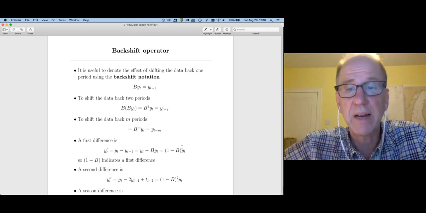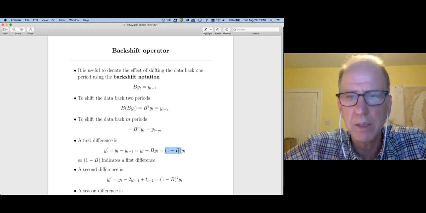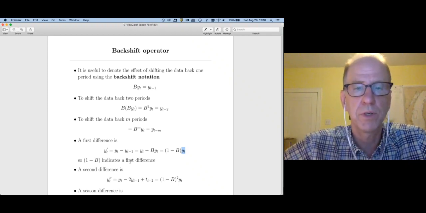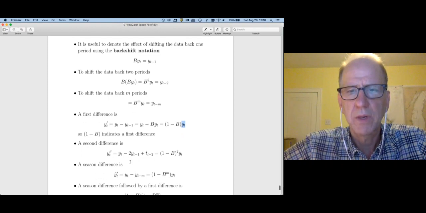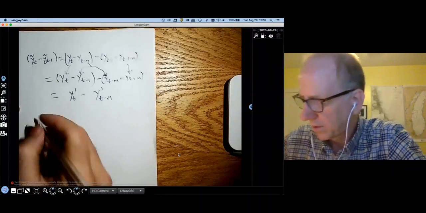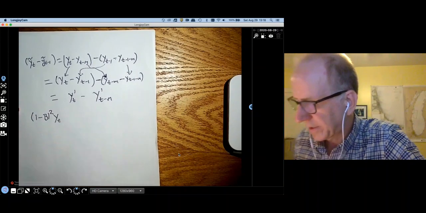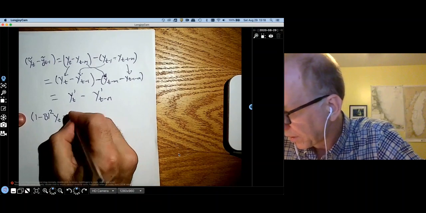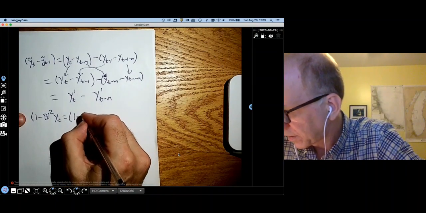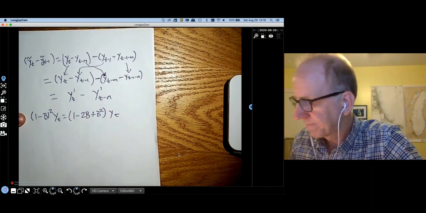And we can factor that out as we would with normal algebra. So if you take 1 minus B times yt, what that means is we've done a first order difference. Likewise, a second order difference would be 2 of these. So 1 minus B squared. So let's just try to write this out. 1 minus B squared yt is going to be 1 minus 2B plus B squared yt.